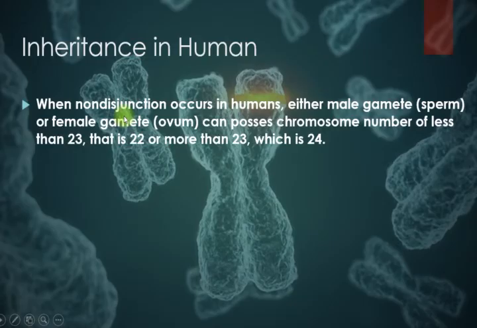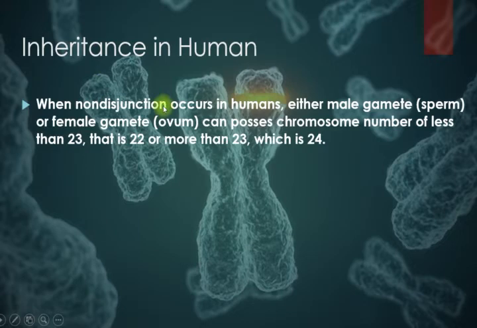So when non-disjunction occurs in humans, either the male gamete, which refers to the sperm, or the female gamete, which refers to the ovum, can possess a chromosome number of less than 23, that is 22, or more than 23, which is 24. Make sure you can understand this. What is the meaning of non-disjunction?